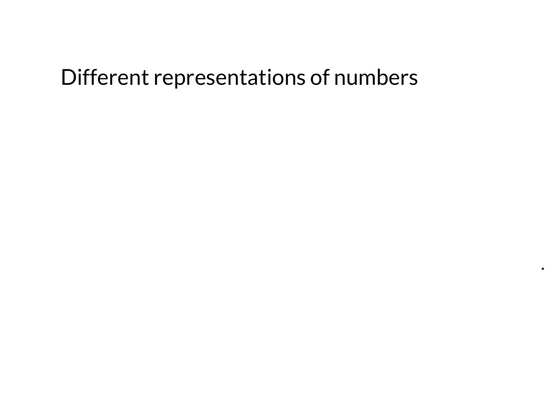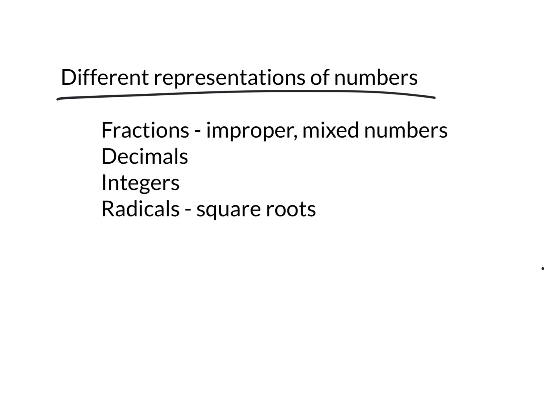Notice that numbers can be written in various different representations. Not all of them can be written differently, but all rational numbers can be written in these different representations. Some of these representations are fractions, which can be written in lots of different ways, but remember there are improper fractions and mixed numbers. Most of the time when we're doing algebra, this is just a note for you, we want improper fractions.